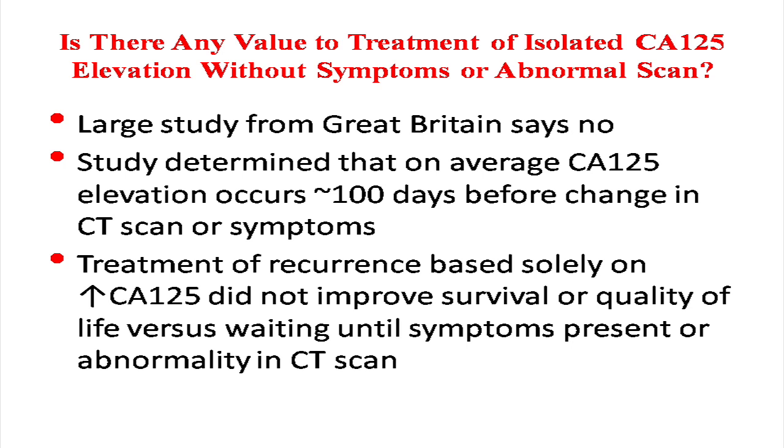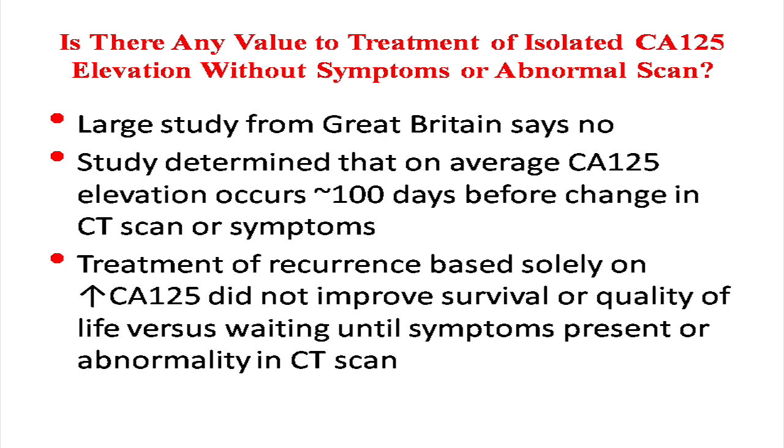And that study from Great Britain determined that on average, even though it's 100 days on average before you see a change in the CT scan or the development of symptoms, it may be much longer than that. In that study, some patients were treated on the basis of a rise in the CA125, and another group of patients were not treated on the basis of a rise in CA125 and were only treated when they developed either symptoms of recurrent disease or were found to have new findings on a CT scan.